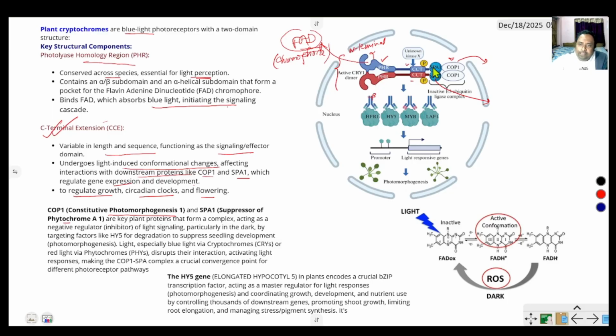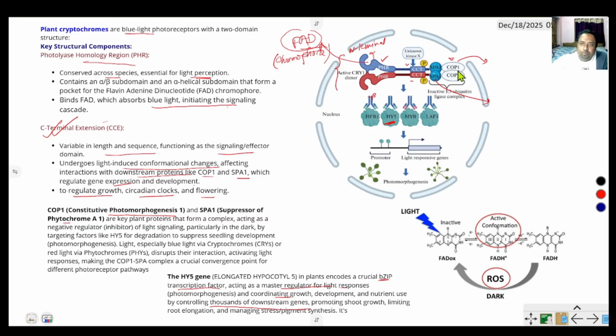So when SPA1 and COP1 are inactivated in the presence of blue light, it activates the HY5 gene, called the elongated hypocotyl gene. Elongated hypocotyl 5 in plants encodes a crucial bZIP transcription factor acting as a master regulator for light responses and photomorphogenesis, and coordinates growth, development, and nutrient use by controlling thousands of downstream genes.